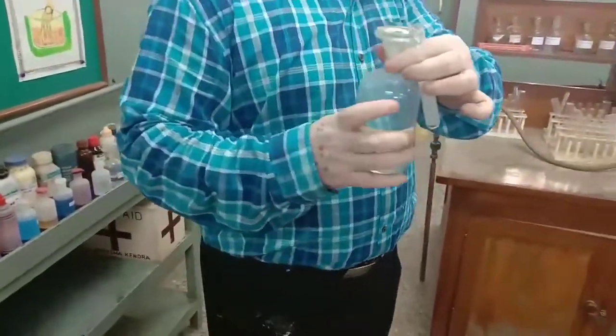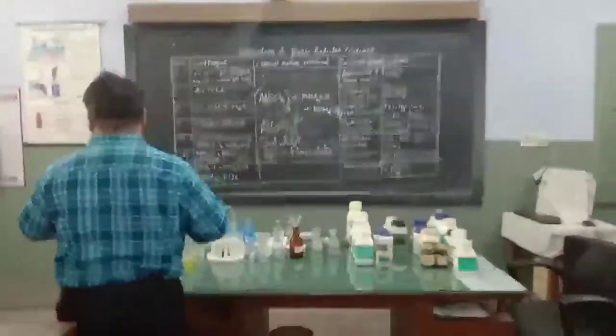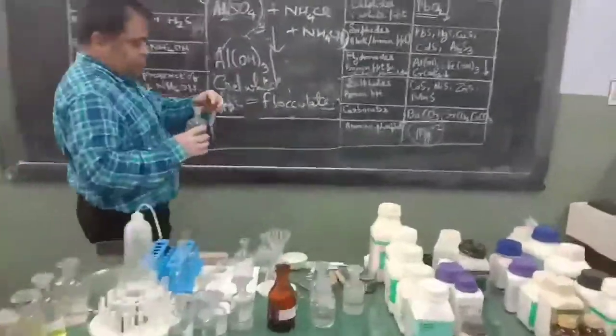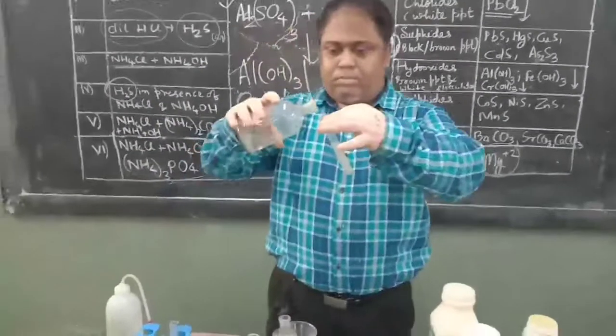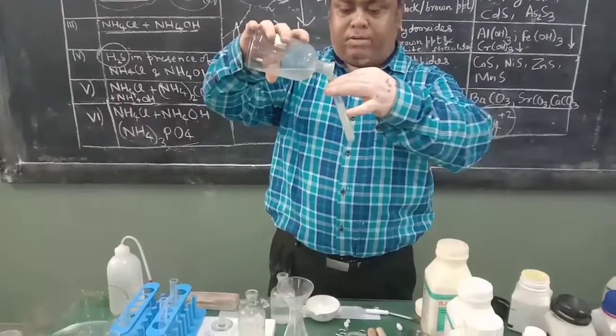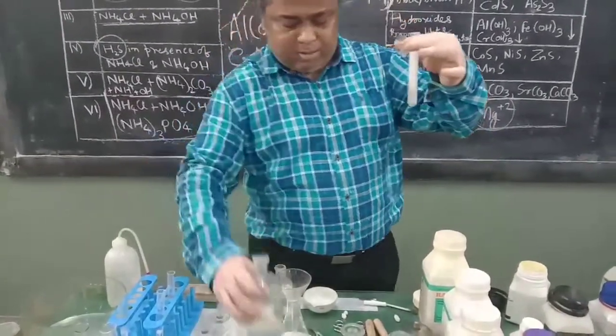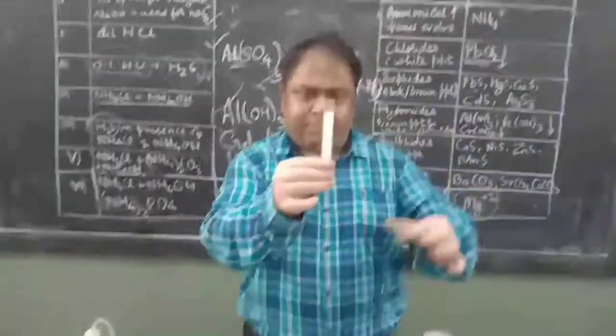But I will require a glass rod to scratch the wall. So we have a glass rod here. So we'll put ammonium phosphate, and you can see the density of the precipitate formed.